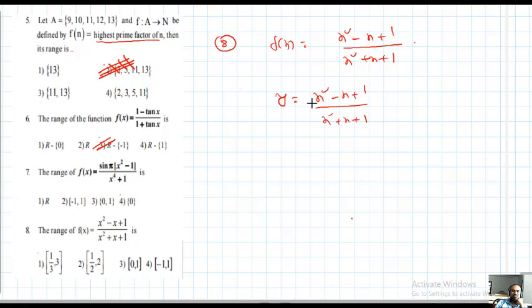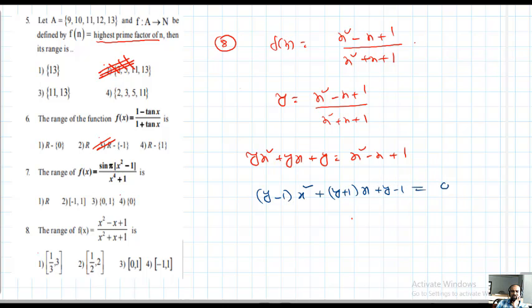General method is a simple method I am using, that is taking f of x as y and making x the subject, from that you can get the solution. So yx square plus yx plus y equal to x square minus x plus 1. So (y minus 1) into x square plus (y plus 1) into x plus (y minus 1) equal to 0.